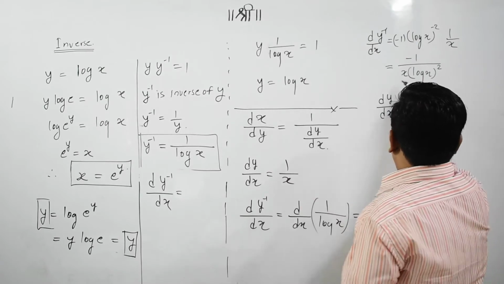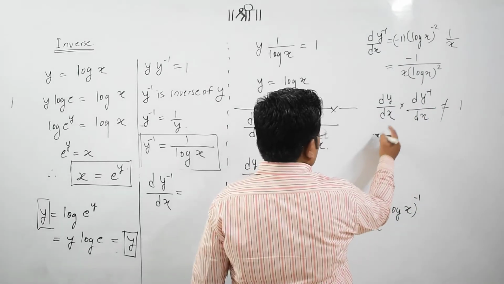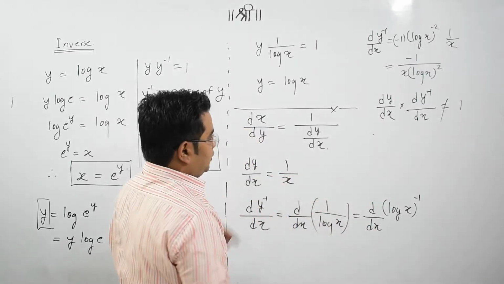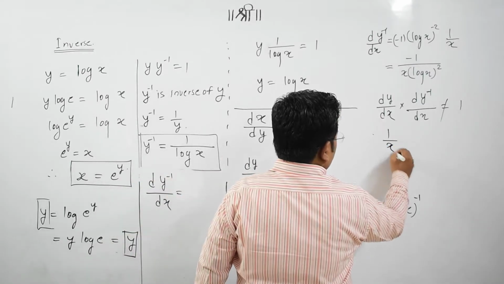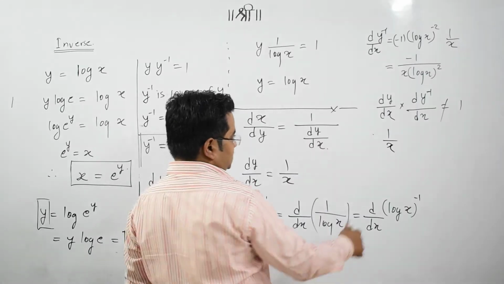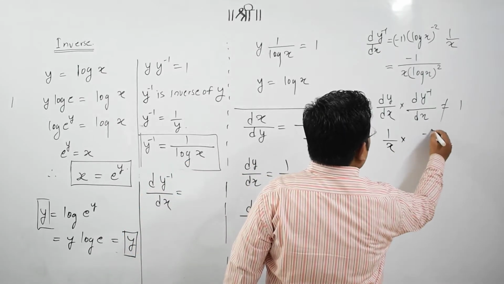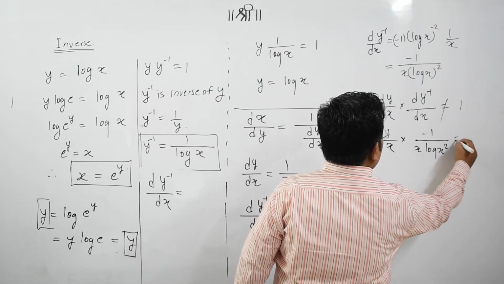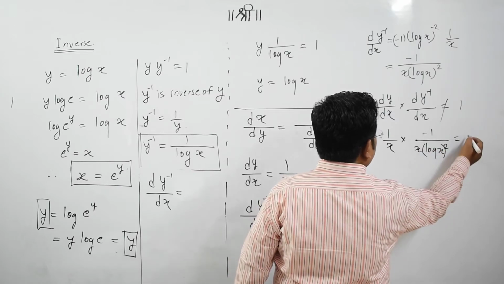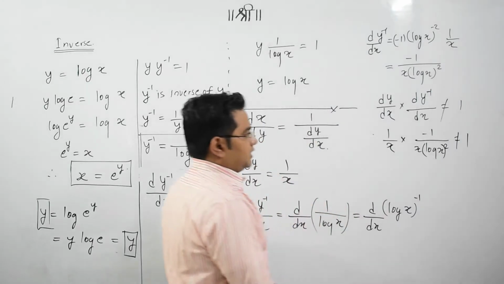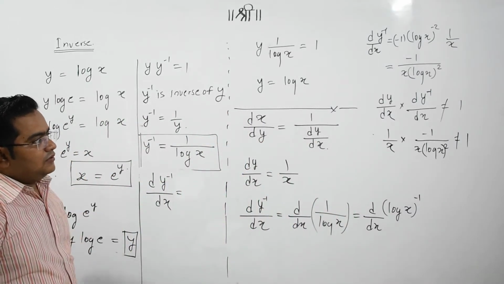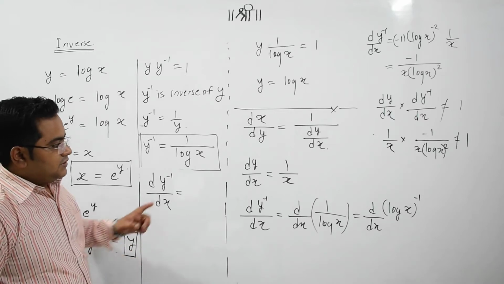Hope you understood. If you just multiply it, this is 1 upon dy upon dx. So we are multiplying it. So 1 upon x into minus 1 upon x into log of x bracket square is actually not equal to 1. Anyone can see it. And that's how we don't have this inverse.